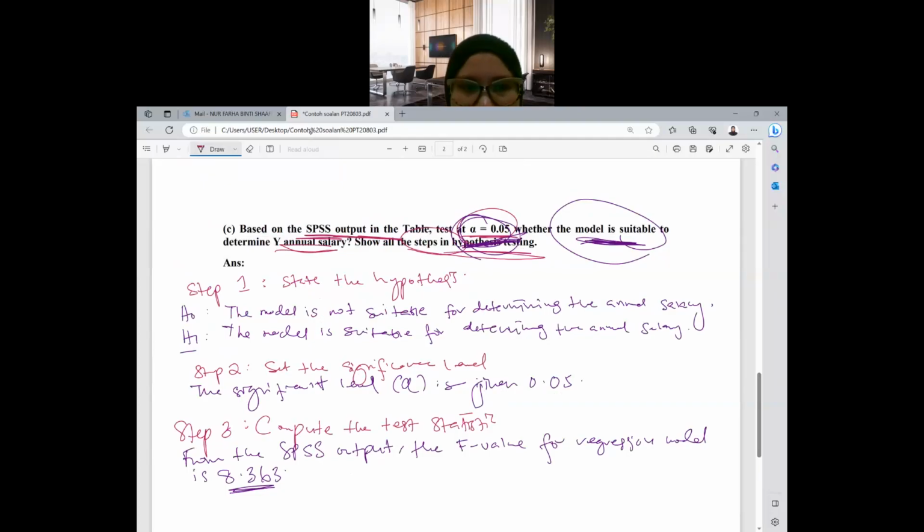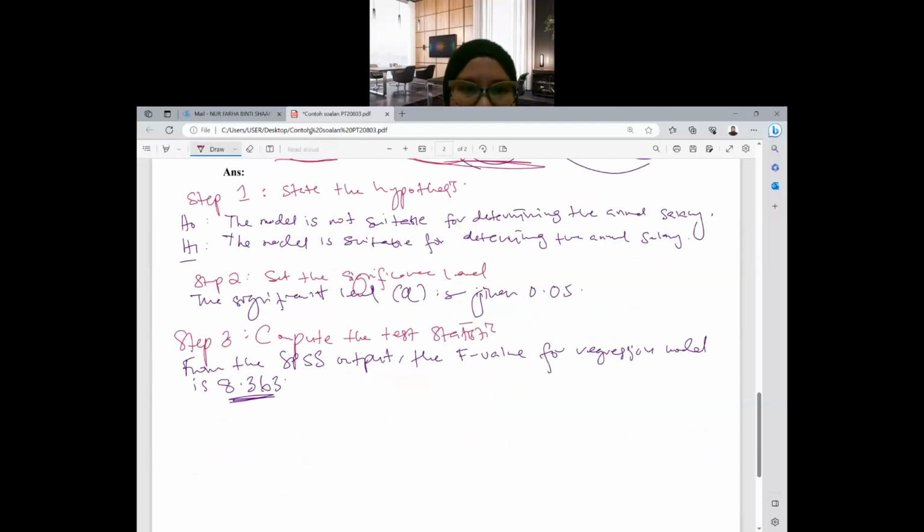You pretend that you are the one who did the SPSS output, and these are all the steps you have done, and then you discuss it back in the question. Although you know that you are not the one who ran the SPSS, the examiner wants to test your understanding, whether you know how to do it step by step.